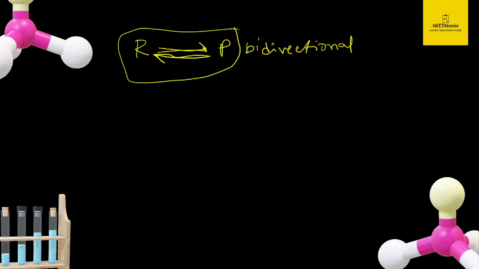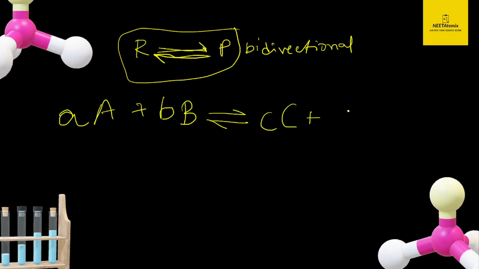For example, if we consider a reaction of the type A plus B gives rise to C plus D. So what is the forward reaction in this reaction?